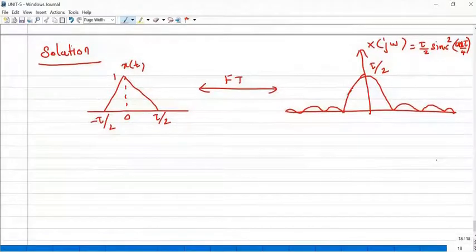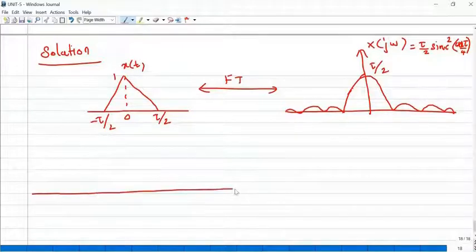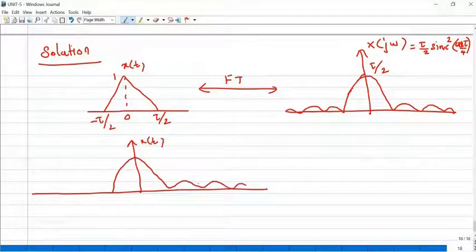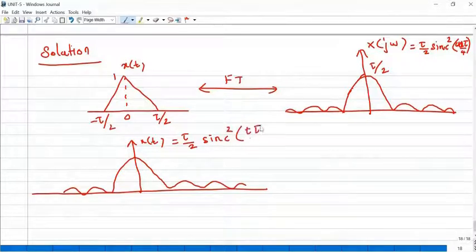Next, if we apply the duality theorem, that is x of t equal to tau by 2 sinc square of t tau by 4.